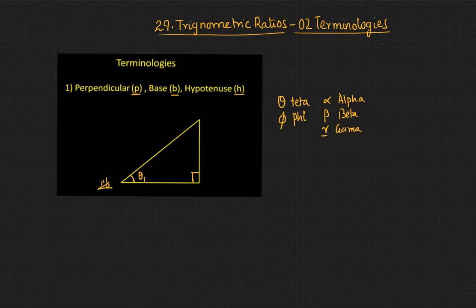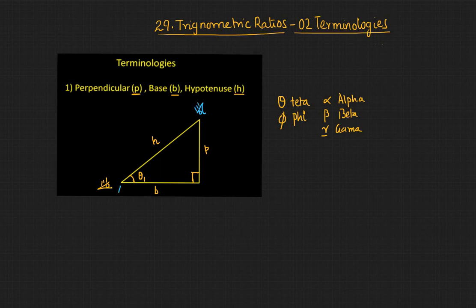So if we call this theta 1 and you're viewing from here, then this becomes your perpendicular, and this becomes your base, and this becomes your hypotenuse. So let's say, for example, instead of viewing from here, you view from here, right? And let's name these angles.